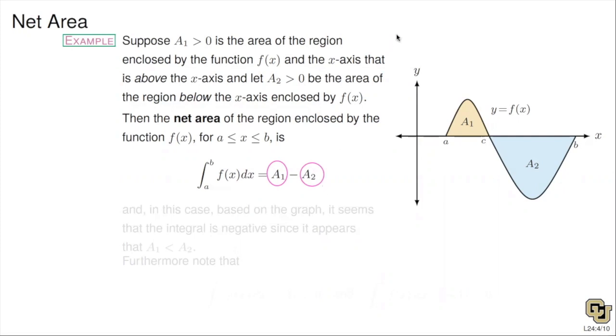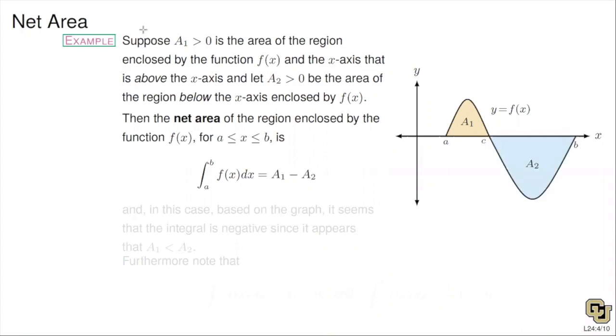And this is what we mean by net area. For example, if A2 was 0, if this part wasn't even here, then the integral would just be A1, and then yeah, your integral would be the area, your integral from a to c.